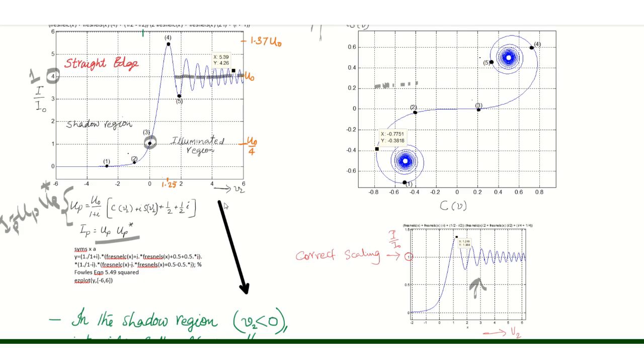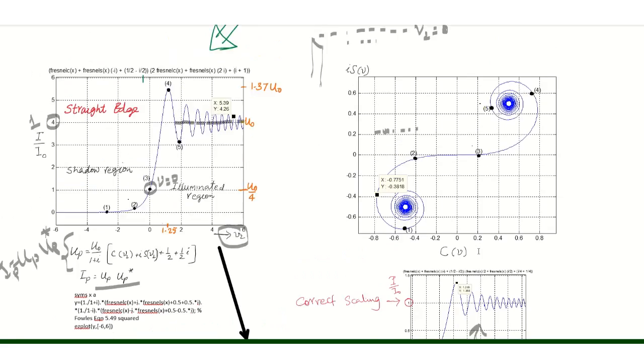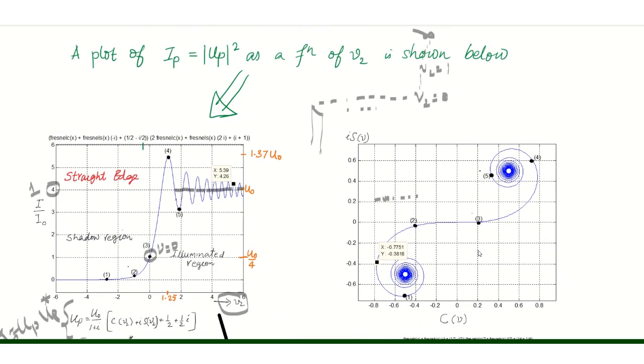This is at V equal to 0, plotted as a function of V2, or in other words, this might be the intensity pattern.